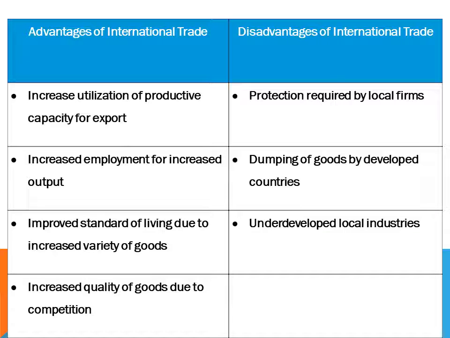All right, so there are advantages to international trade, some of which we already mentioned. So I'm going to touch on those that I did not include in the reasons, because some of the reasons can also be advantages. So, in terms of advantage, we have increased utilization of productive capacity for export.